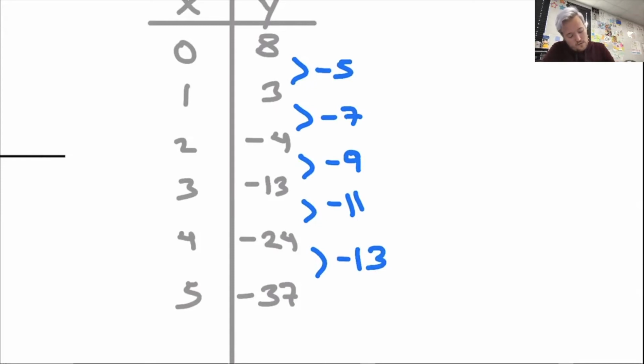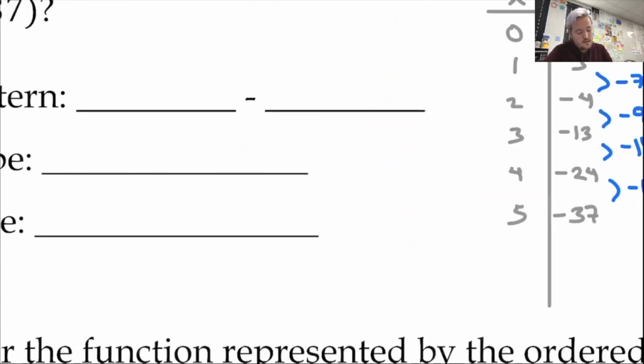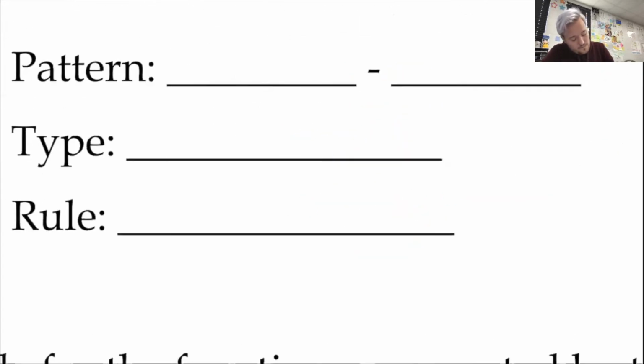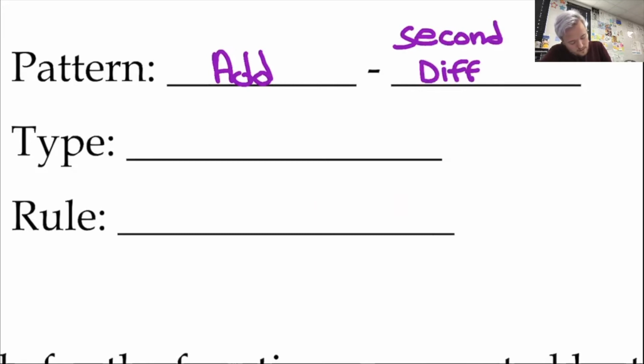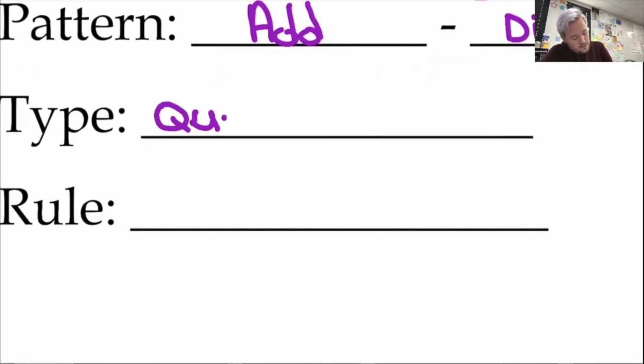So if I do another difference, -5 to -7 is -2, -2, -2, -2. So we have a clear change when we do a second difference. So because that's a second difference, that means this is going to be quadratic.